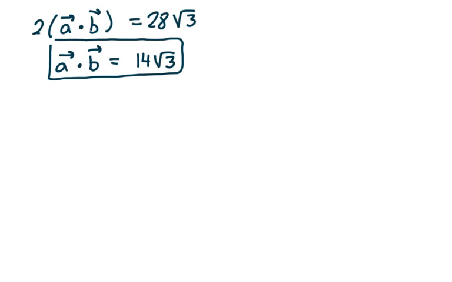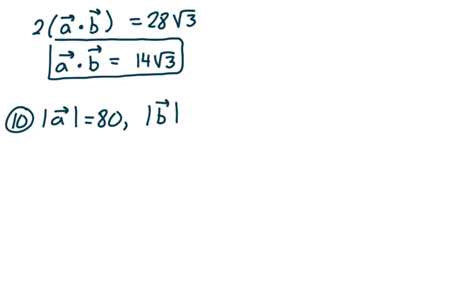9. Let's finish off with problem 10. Suppose the length of A, or the magnitude of A, is equal to 80. And suppose the magnitude, if you don't mind me saying, of B is 50.